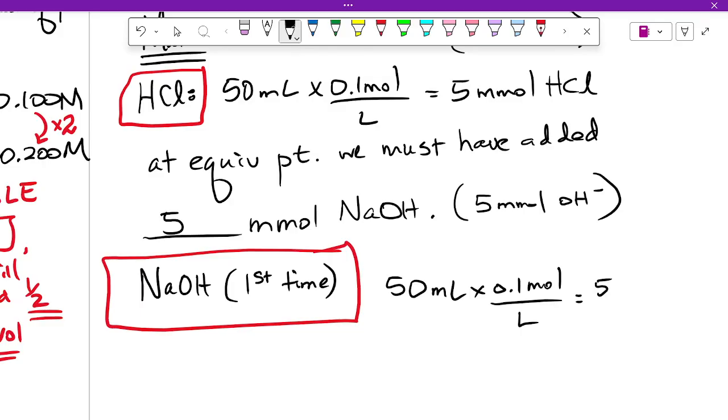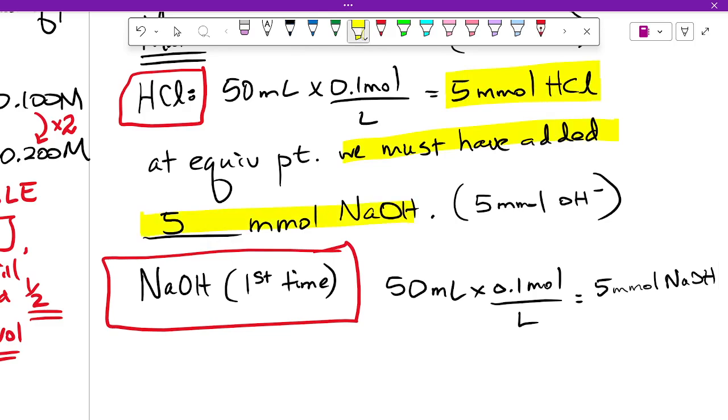Is that 5? Yes, it is. Okay, so look, we had 5 millimoles of HCl, and we must have added 5 millimoles of NaOH.